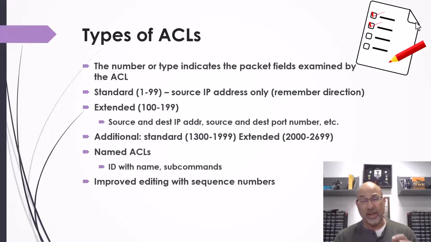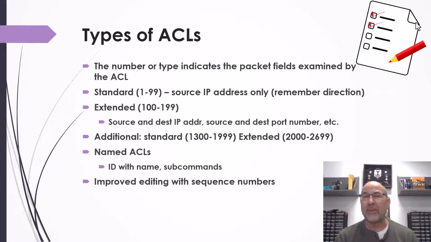So a standard access list just says, I am interested in source IP addresses alone. And so to remind you about the direction, source IP addresses, if you're looking at that field, they only appear in a particular direction. Traffic coming back the other way will have that same IP address in the destination field. That's really important to remember.